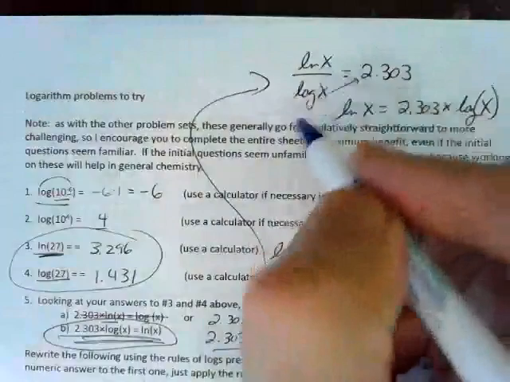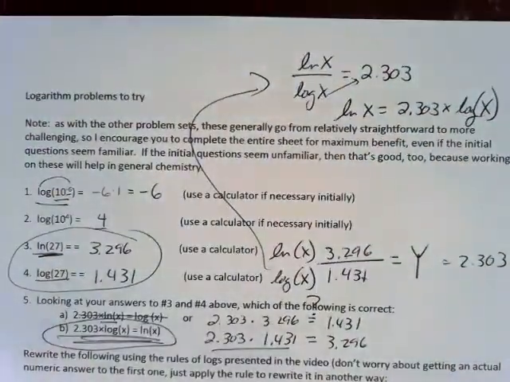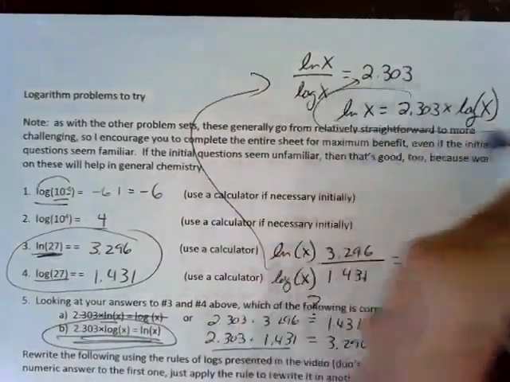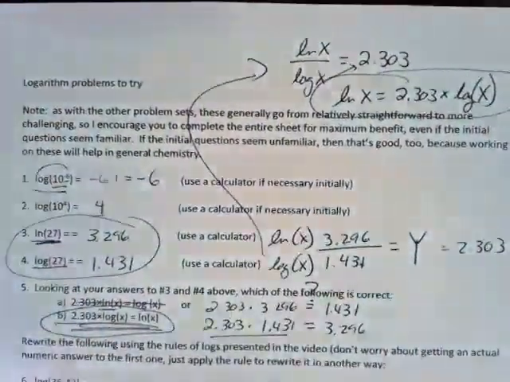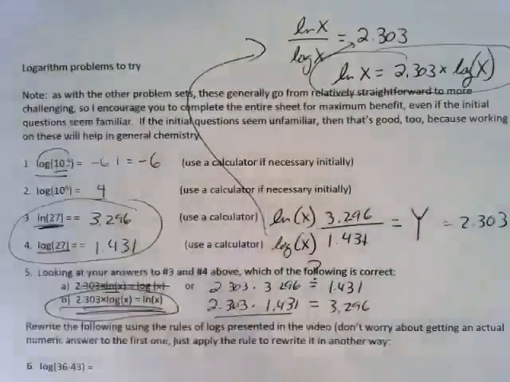So simply by picking two numbers and taking the ratio of those two numbers, seeing what gives us that 2.303 will allow us to derive this relationship. So I don't have that one memorized. I just always generate it when I need it.